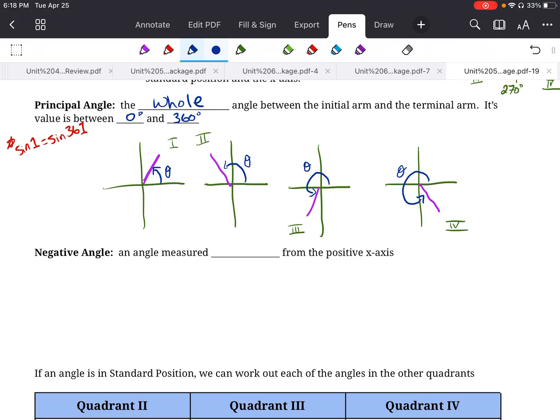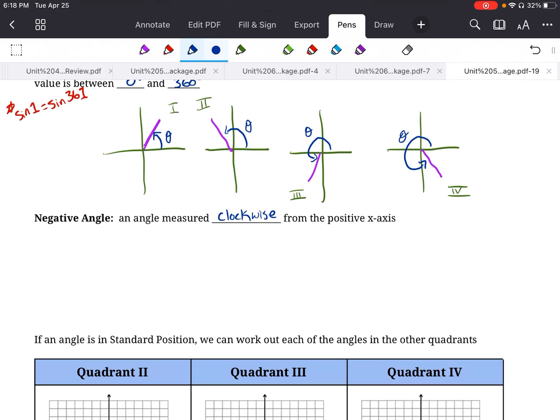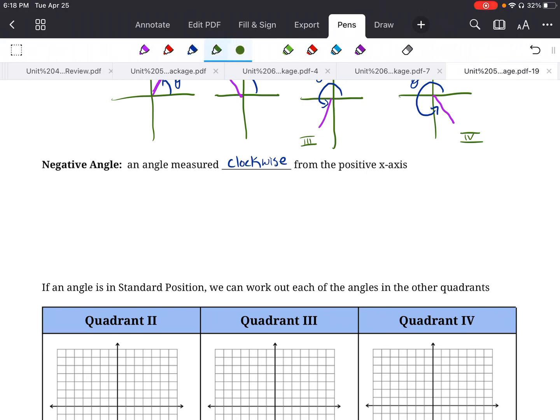Negative angles: an angle measured clockwise. So you notice before we're always moving counterclockwise from the positive x-axis. An example of this: if we have negative 20 degrees, we will move 20 degrees this way.